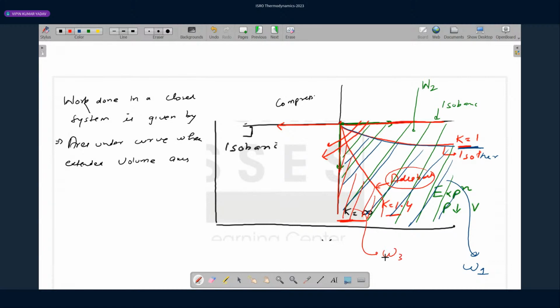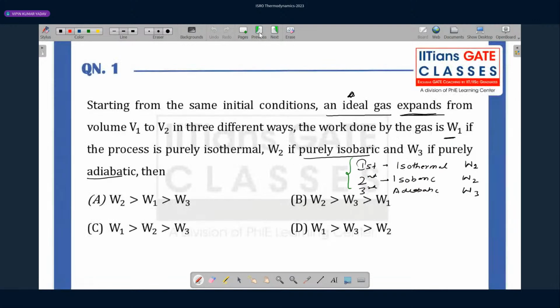So by seeing the size of green area, blue area, and red area, I can say that W2 is greater than W1 and it is greater than W3. Got it? So this is your correct option. So what is the correct option? W2 is greater than W1 and it is greater than W3. So A is the correct answer.